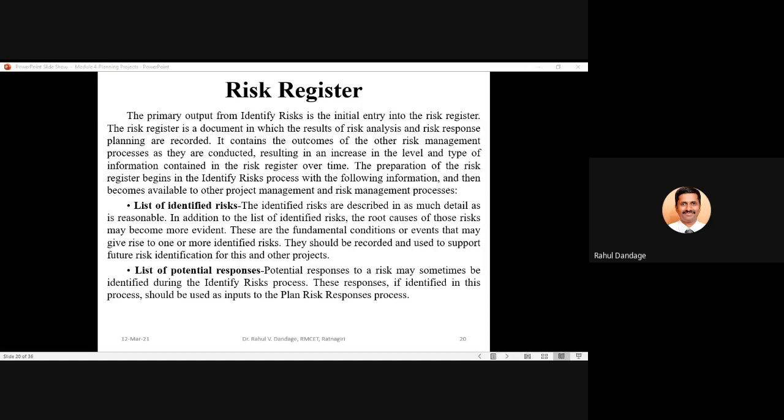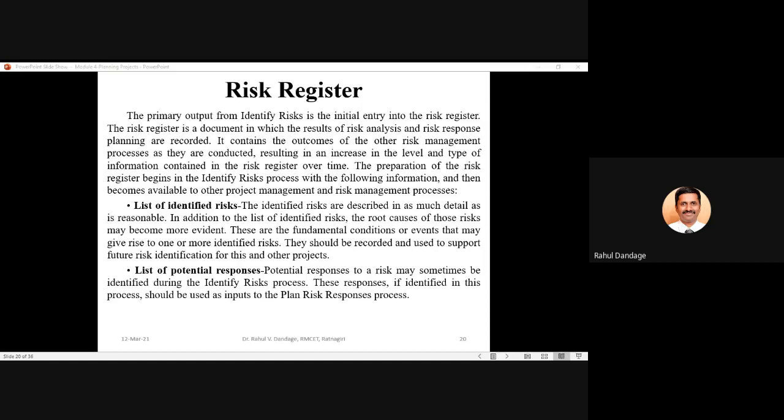Once you have these possible risk responses documented in the risk register, then when you go for planning the risk responses in the risk management process and refer to the risk register, one thing is sure: you will get the list of the variety of risks associated with your project.